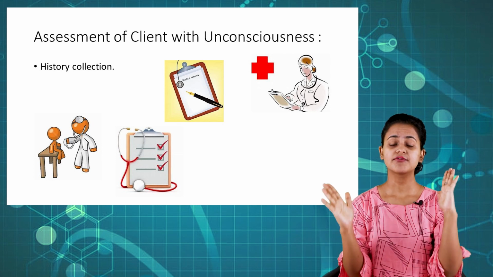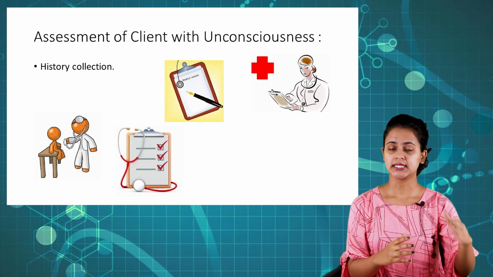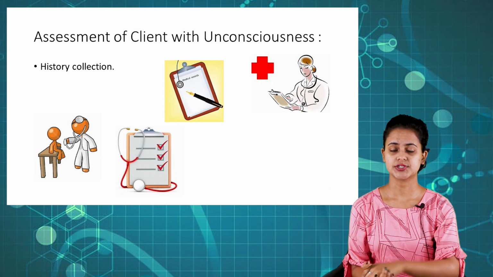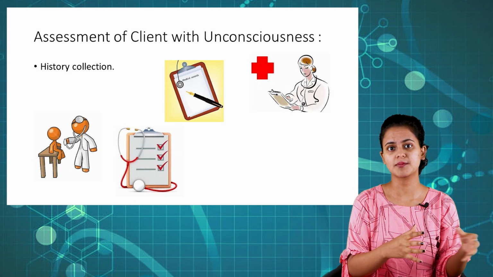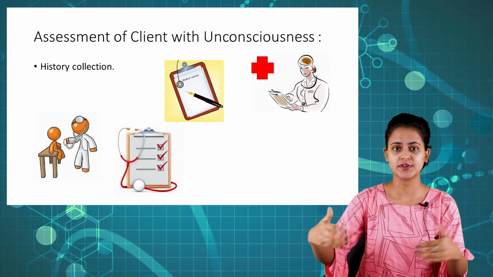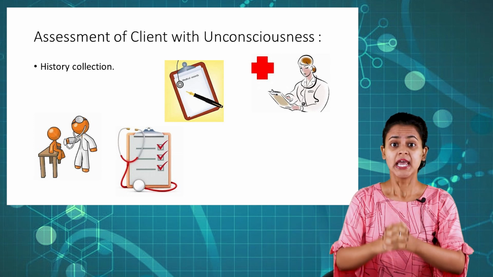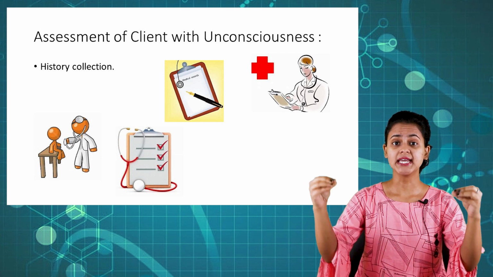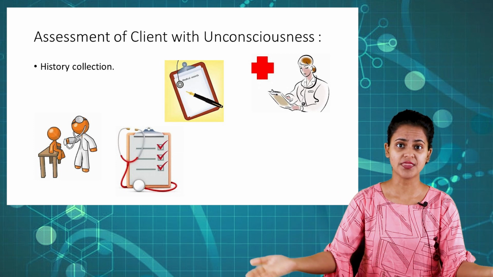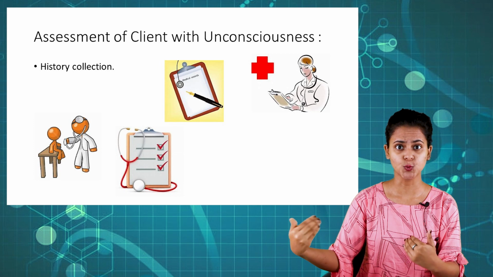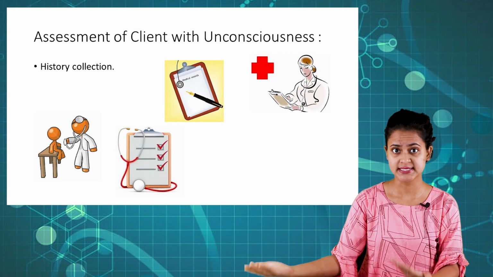So as we have learned about the clinical manifestations and the basics of unconsciousness, you need to make it clear that whether you are a medical professional or a lay person, you are able to identify the signs and symptoms and the high risk for the client who will be going into an unconscious state.